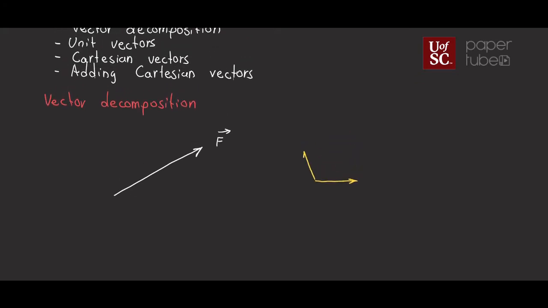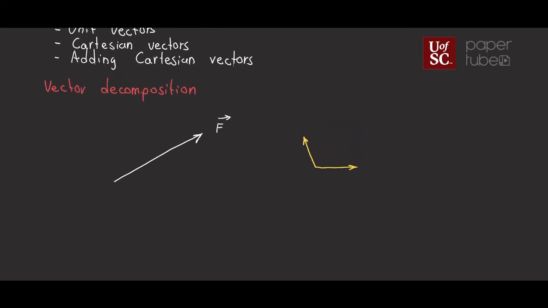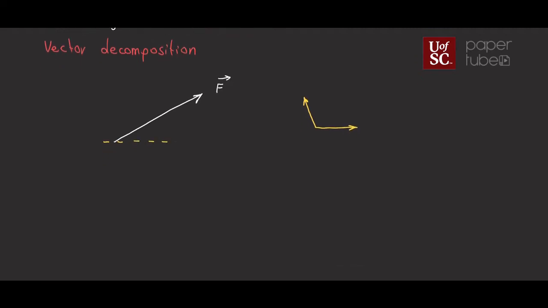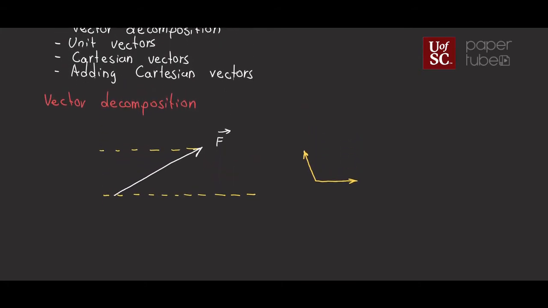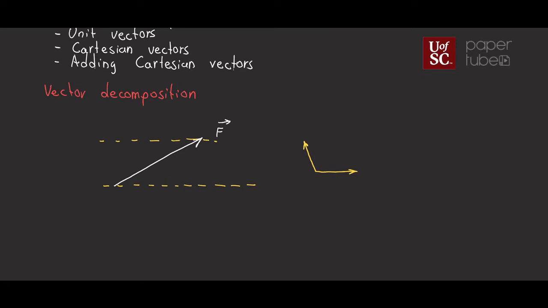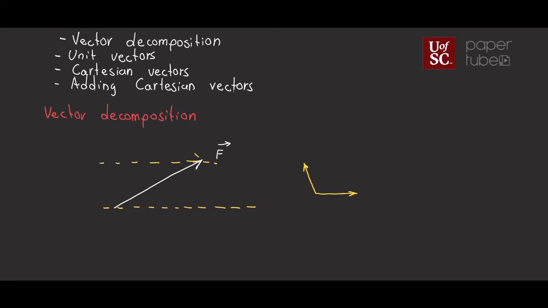Okay, so we have two directions. They don't have to be perpendicular to each other. So what I can do is draw parallel lines to those two directions. One goes like this, the other one goes like this.